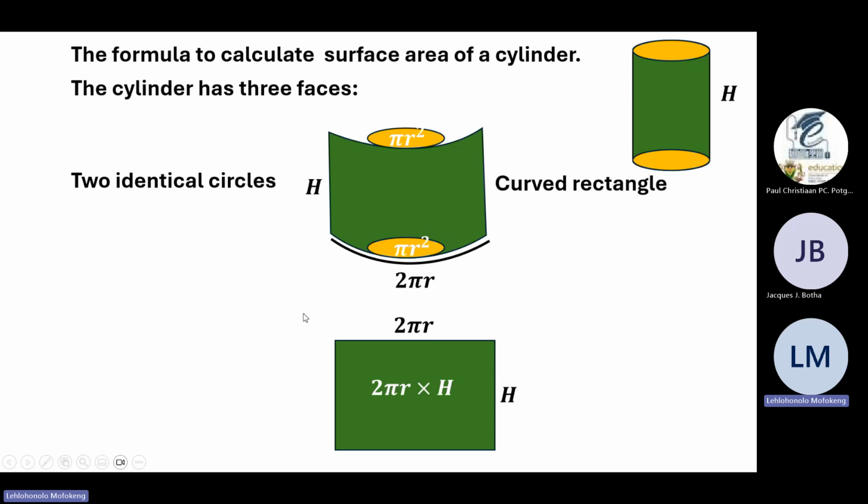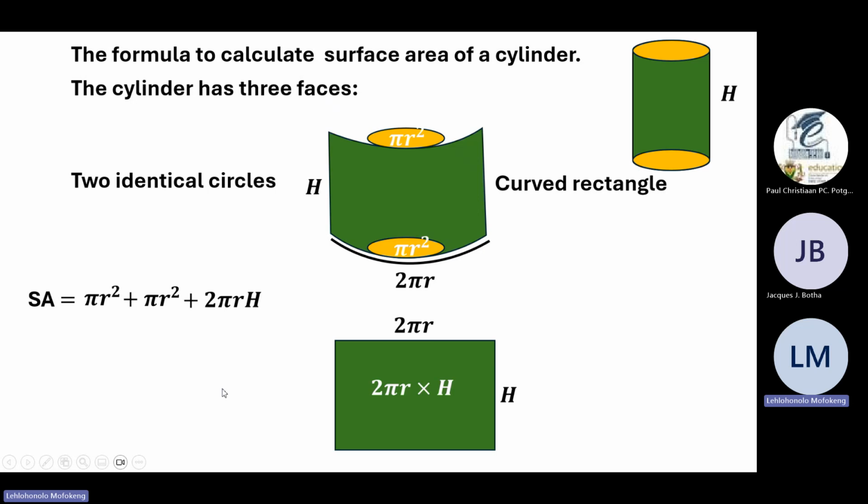So now we will have to add this together to have the formula to calculate the surface area of a cylinder. So here we go. This is the surface area, which is equivalent to pi r squared plus pi r squared. That simply means it is the areas of these two cycles.